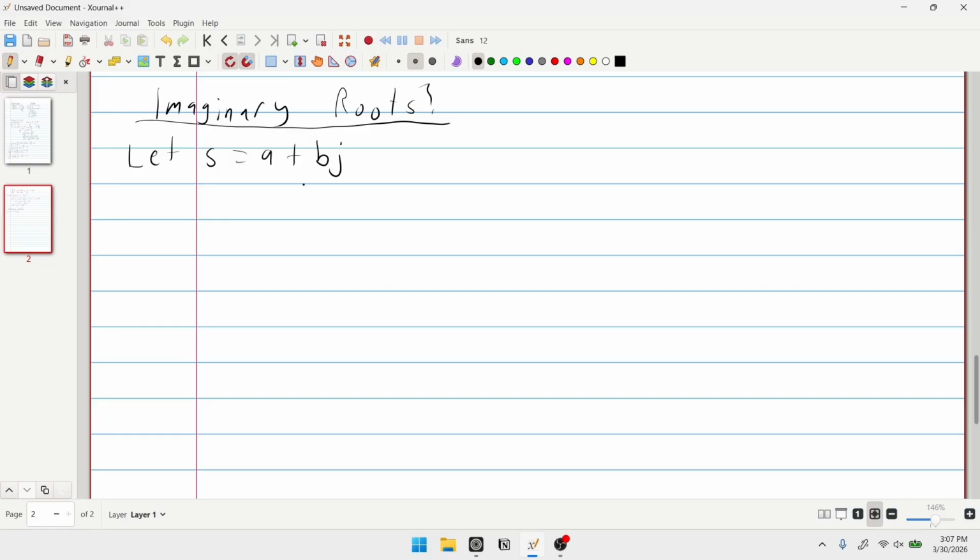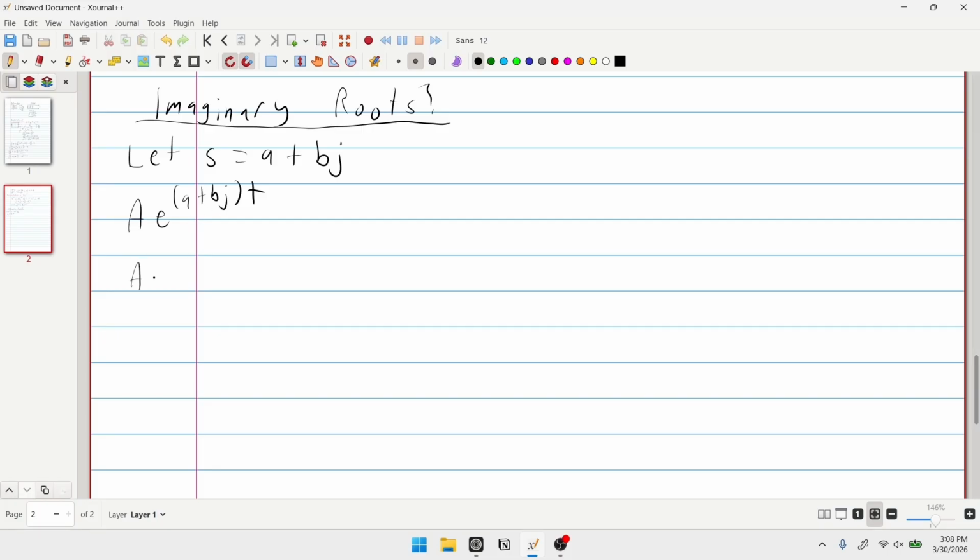Alright, so that means we would have a times e to the a plus bj times t from our solution. And then we're going to split this up because when there's addition in the exponent, we can multiply them out, right?